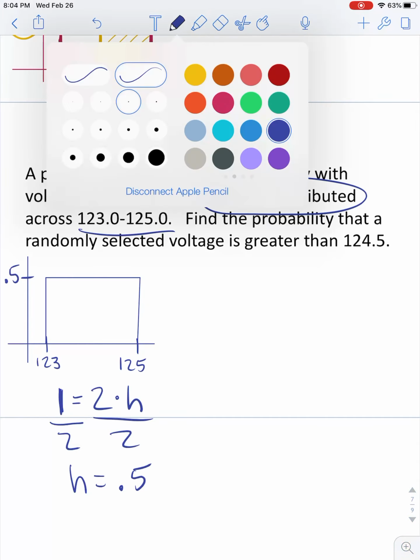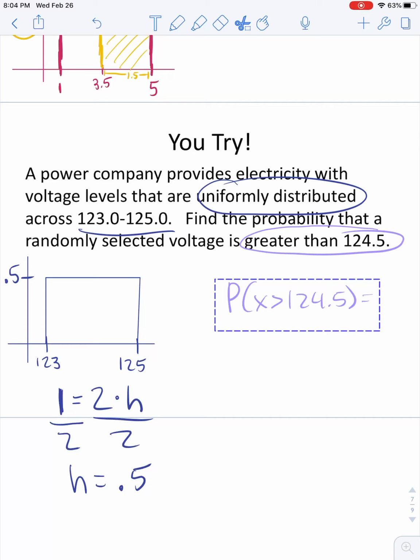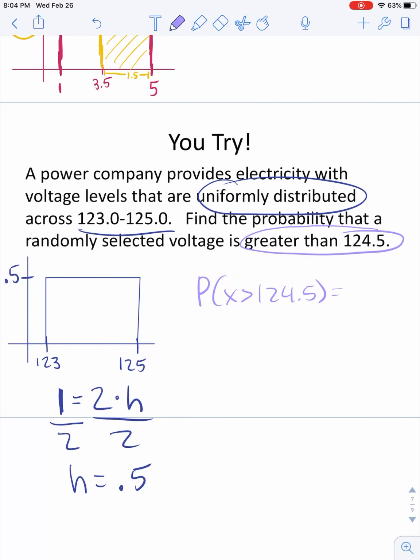So now they ask us to find the probability that it is greater than 124.5. Well, I'm going to find 124.5 and draw that little rectangle.